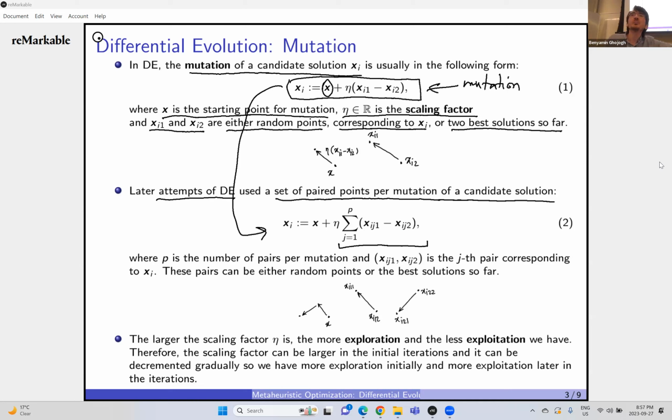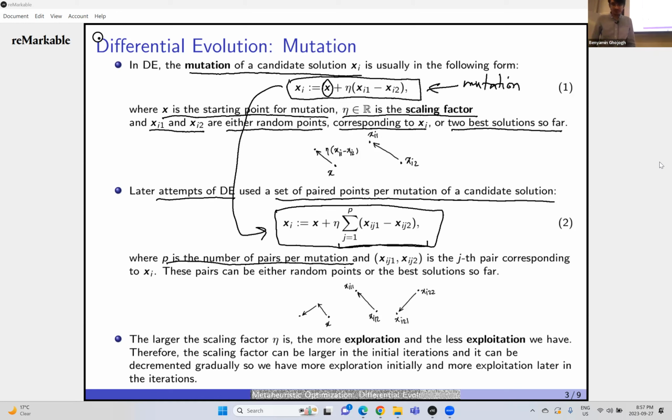I means that they correspond to candidate solution xi, so don't confuse that. I is for the ith candidate solution. J is the jth pair. And 1 and 2 are the 1st and 2nd points in the pair. Right? So this equation we can use. P is the number of pairs per mutation.